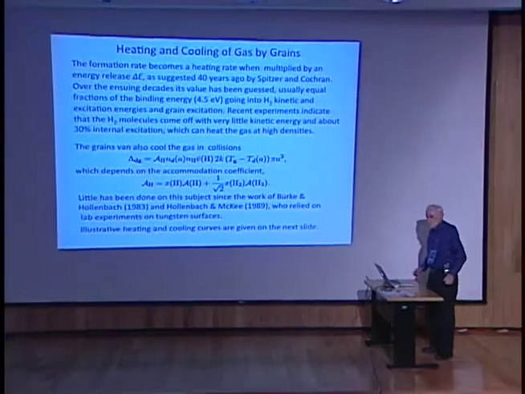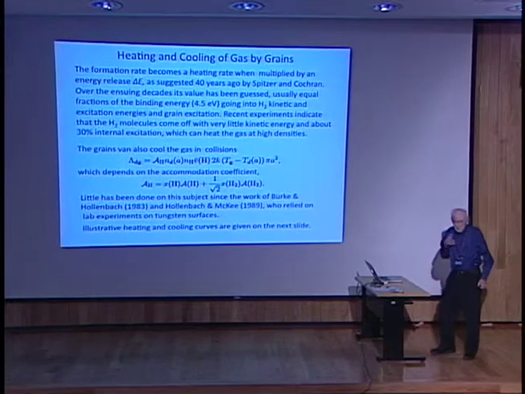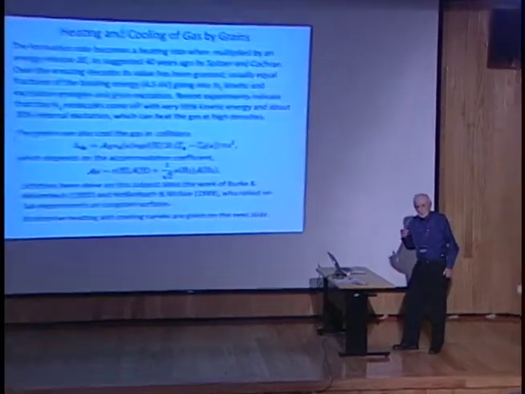There's work from 30 years ago by Hollenbach and Chris McKee, and the numbers that come out of that work to get this accommodation coefficient are based on laboratory experiments of atoms on tungsten. I don't know whether those results for tungsten are really relevant to interstellar grains, and very little has actually been done on the subject in the intervening years.